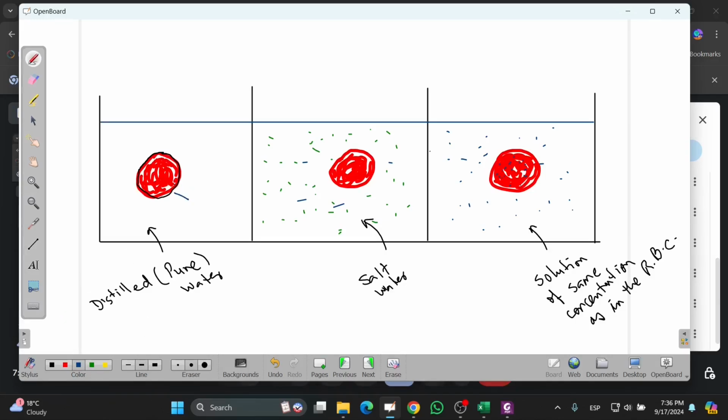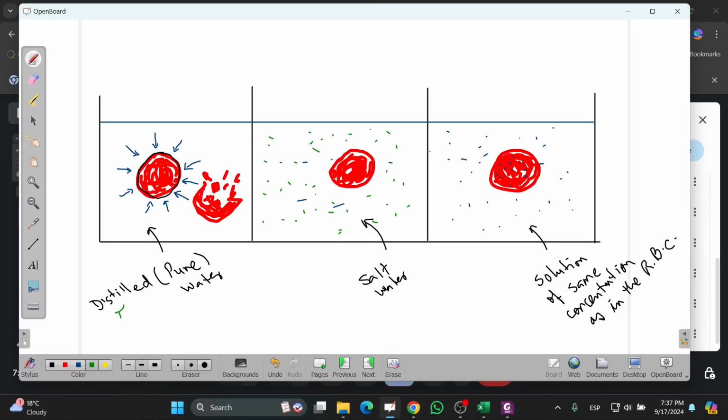I agree with you totally, because remember that osmosis is the movement of water from where there is more water, from a greater concentration of water, to where there is less concentration of water. So this cell will get water in it. And you know what? It will eventually burst.